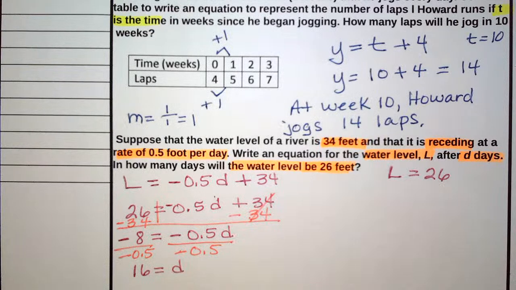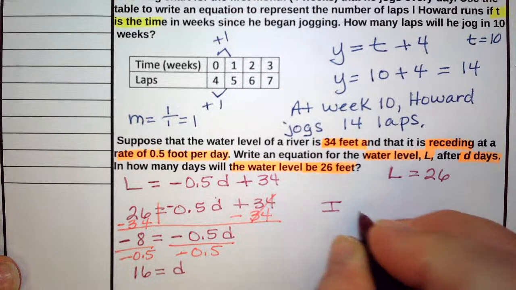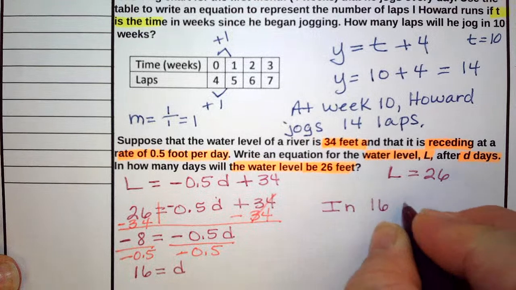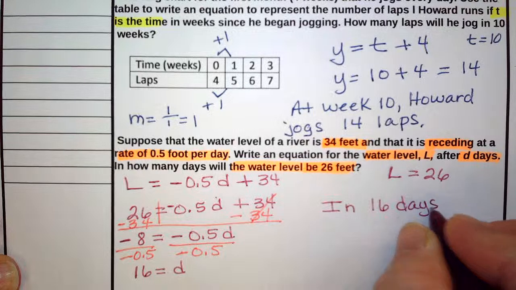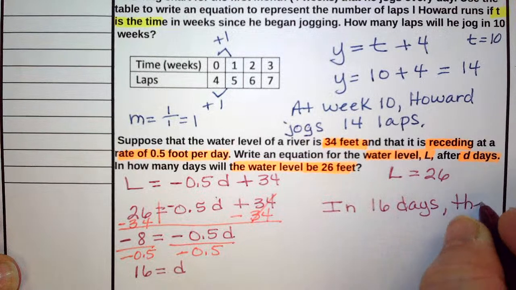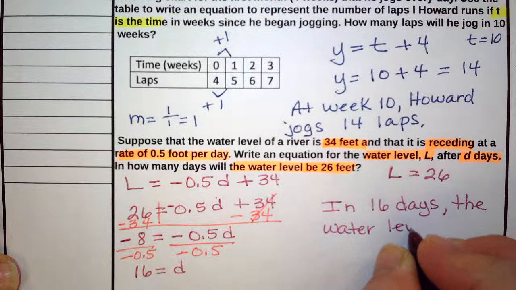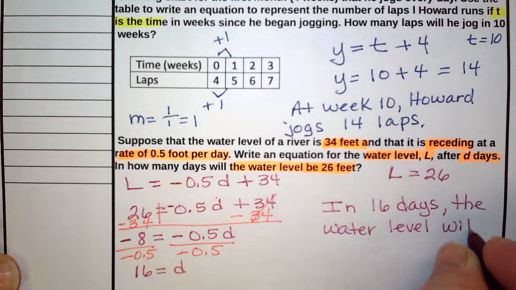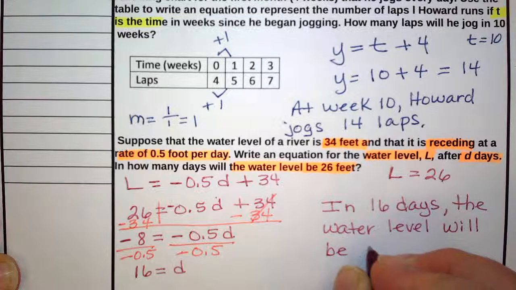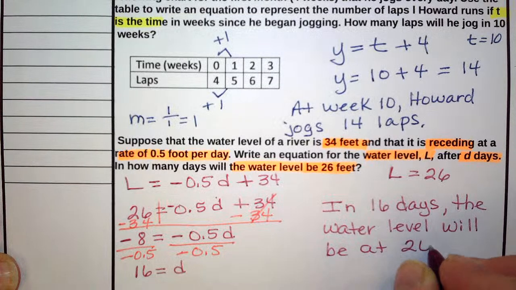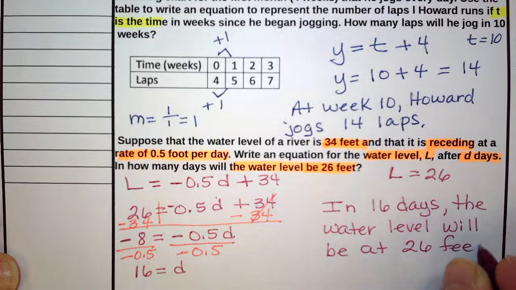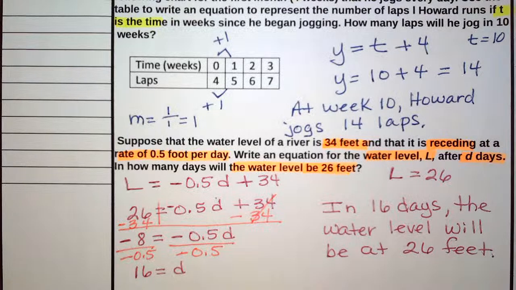In 16 days, the water level will be at 26 feet. And if you look at the question, in how many days will the water level be at 26 feet? That's what we just answered.